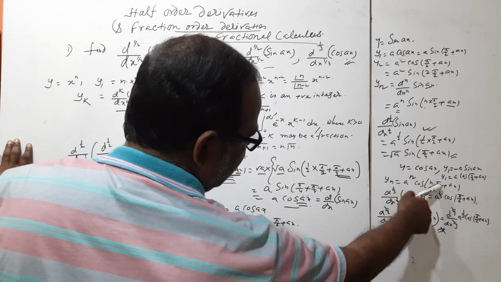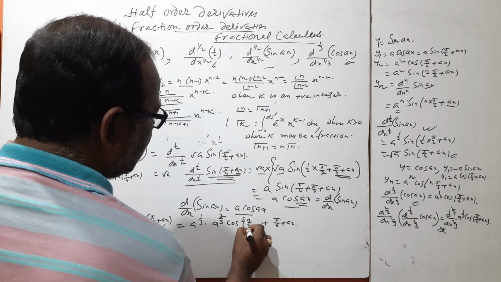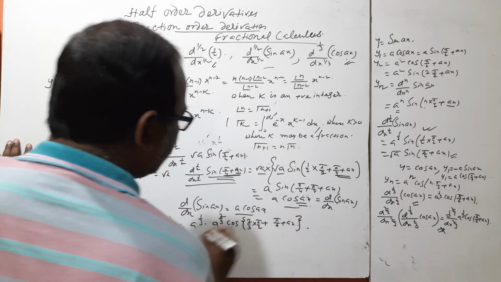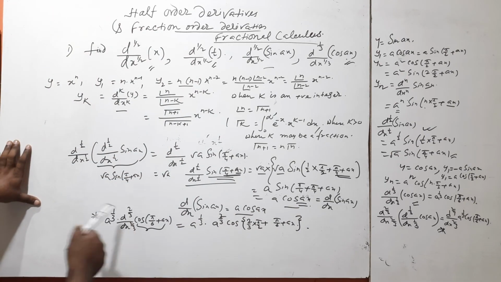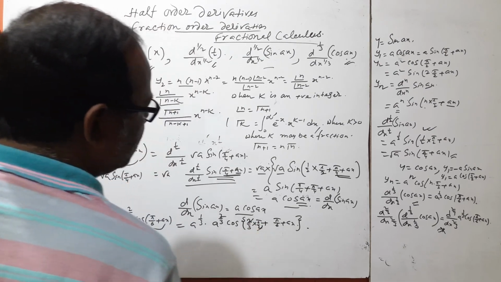But here it is n times pi by 2. This is n times, meaning 2/3 of this is pi by 2. As the order is 2/3, we need 2/3 here. So the powers add up, and a to the power 1 is a.